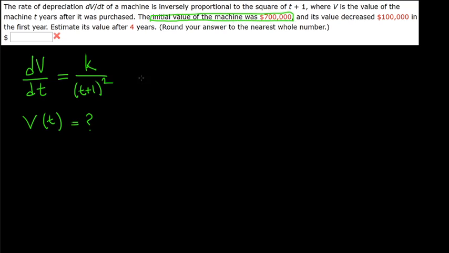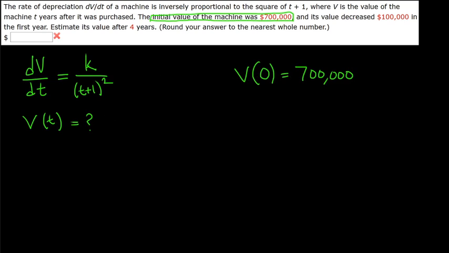So the initial value is the value at time t equals 0. Right? That was when we bought the machine, essentially. That was when it was purchased. So the value originally, after 0 years, was $700,000. We know this is all in dollars, so we can dispense with the dollar symbol. Yeah, so this is what we know, right?